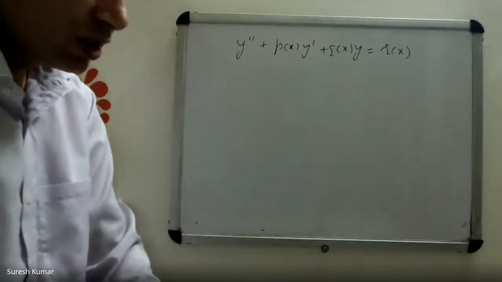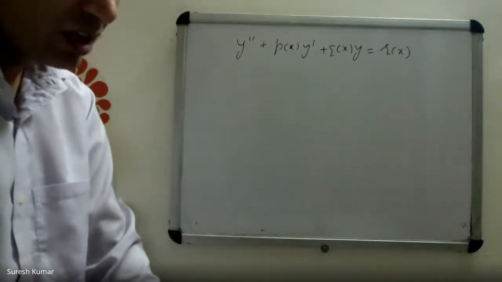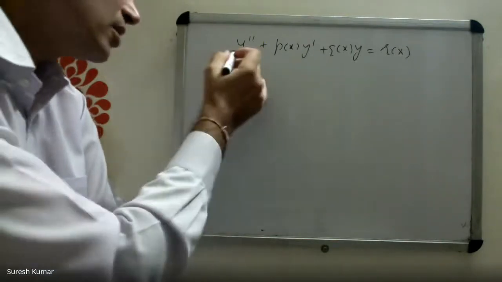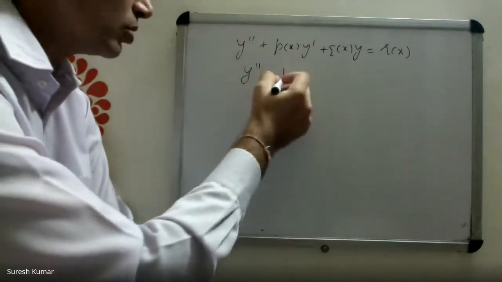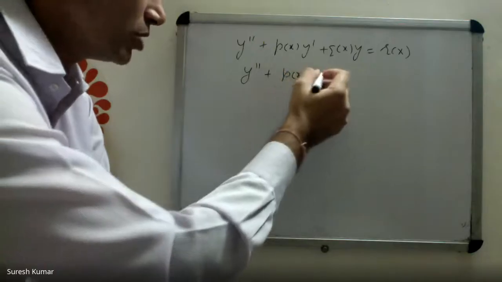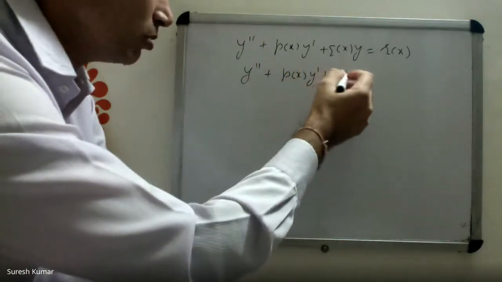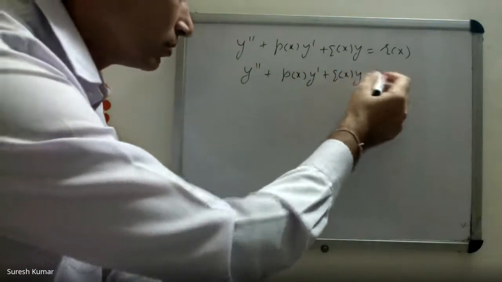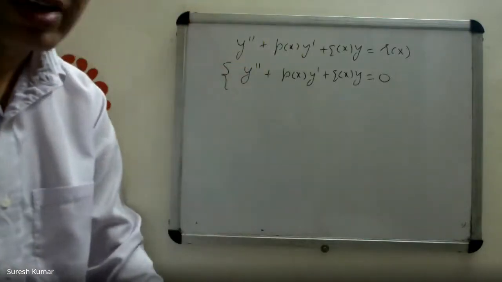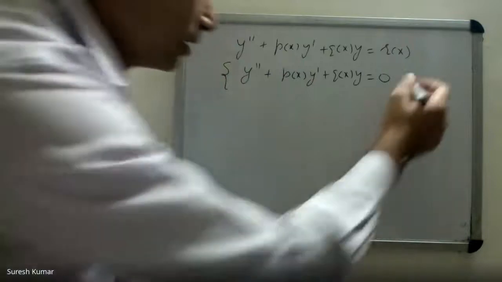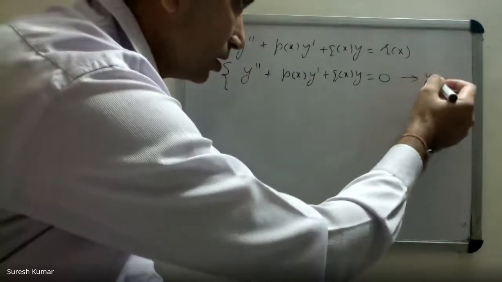Recall the result that I proved also, on how to get its general solution. First, you need to solve the corresponding homogeneous equation. Find its solution by the methods that you have learned so far and denote that solution by YH.